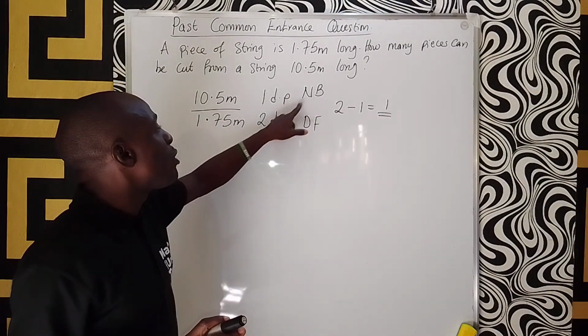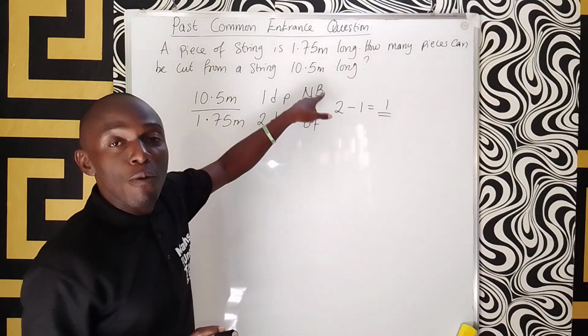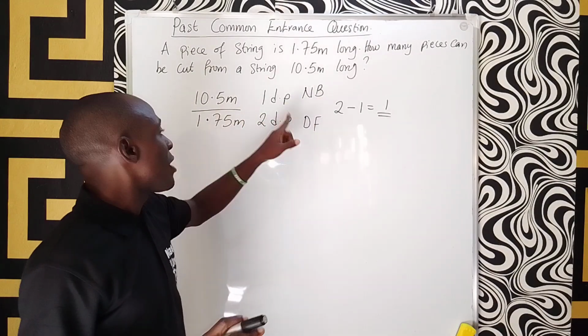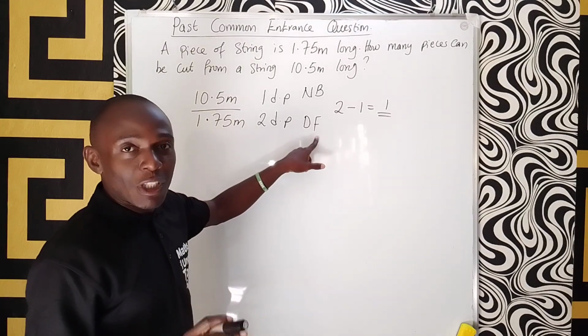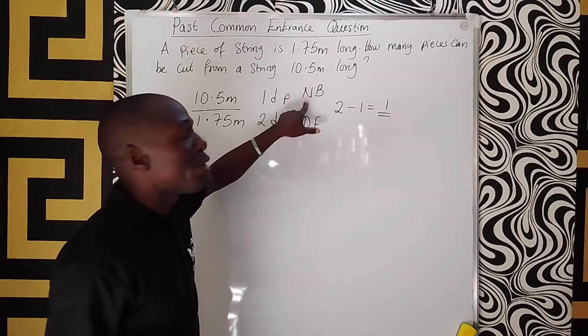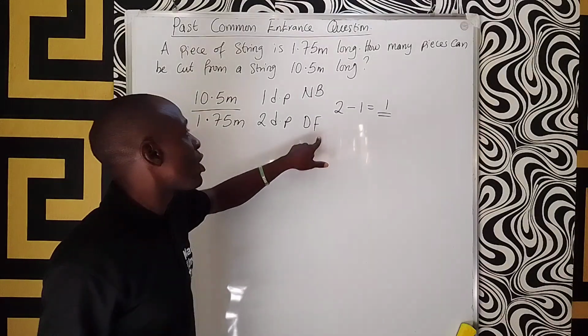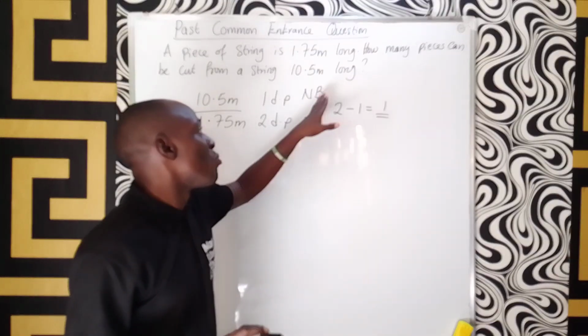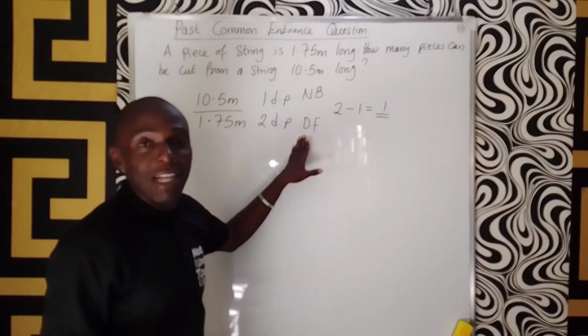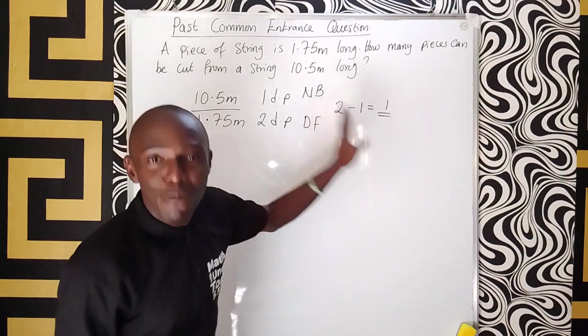Had it been the numerator is bigger, we move the decimal point backward. If the denominator is bigger, we move the decimal point forward. That's what it means. So if a child can remember numerator backward, denominator forward: whenever the numerator is bigger, when you're done subtracting, you move backward. When the denominator is bigger, when you're done subtracting, you move forward.